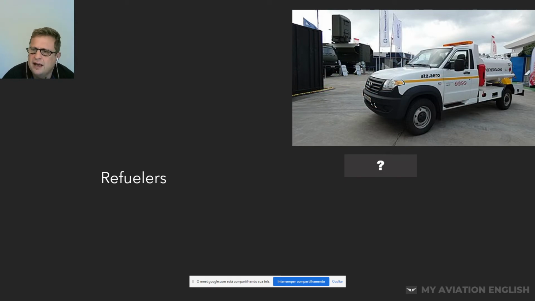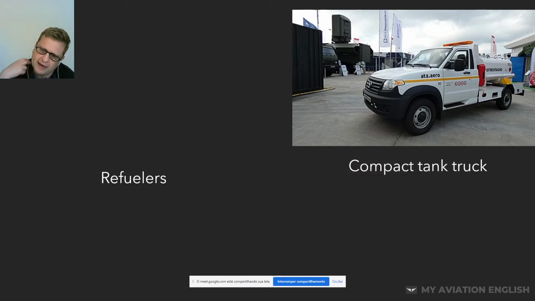And this one, which is a very small tank. Does it have a name? It's a compact tank truck. In this case, compact tank truck or small tank truck, small or compact. You can use both, but compact is used very often.